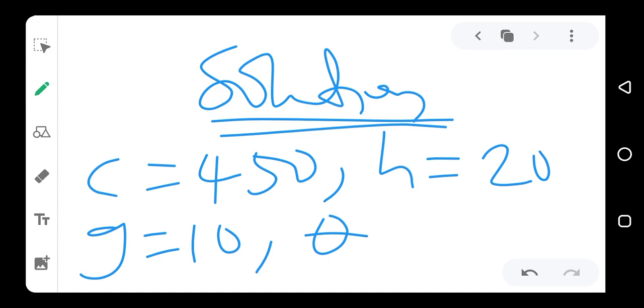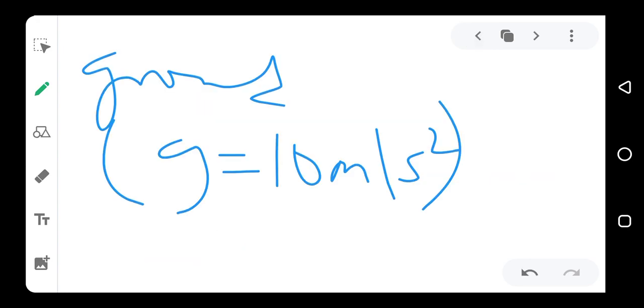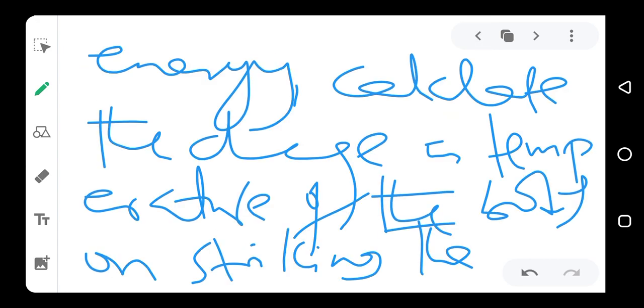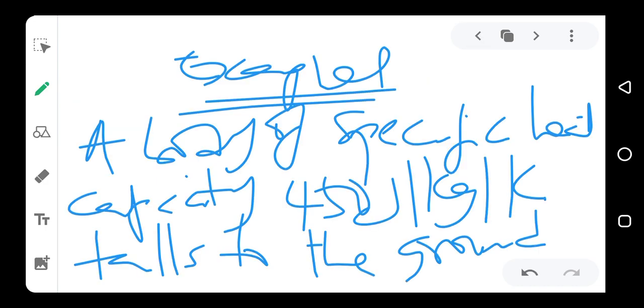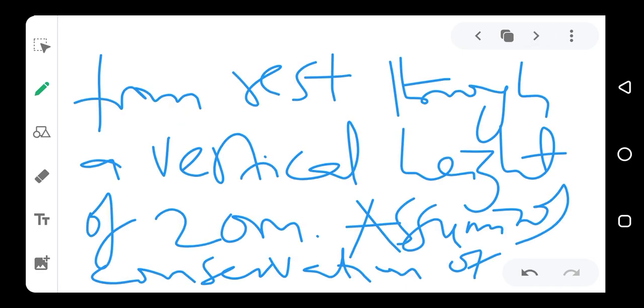Now how do we calculate this? Since we have h and we have g, this is a case of converting an object from potential energy to heat energy. A body falls to the ground from rest. From rest means that it has been in potential energy.